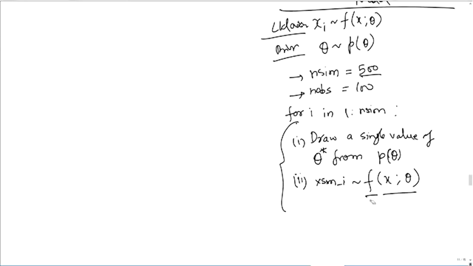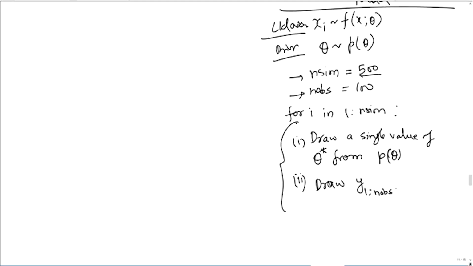So, what you are going to do here is basically draw a sample of data points, let us call it y_1 to y_n_obs, as many observations as you want to collect.